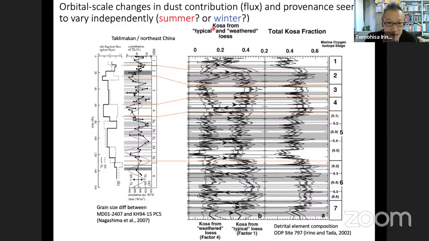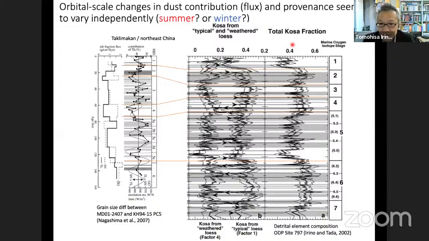Anyway, the composition and the amount flux of the dust are changing differently. So one may be controlled by the summer, and one may be controlled by the winter. So dust is also a very complicated mixture of seasonal phenomena.